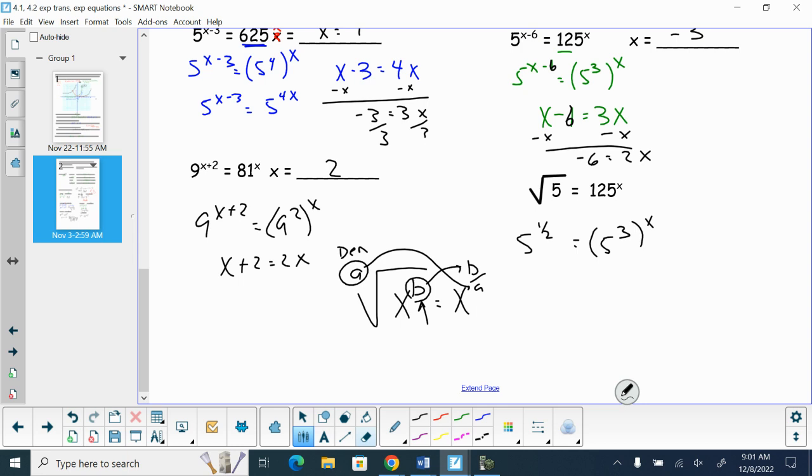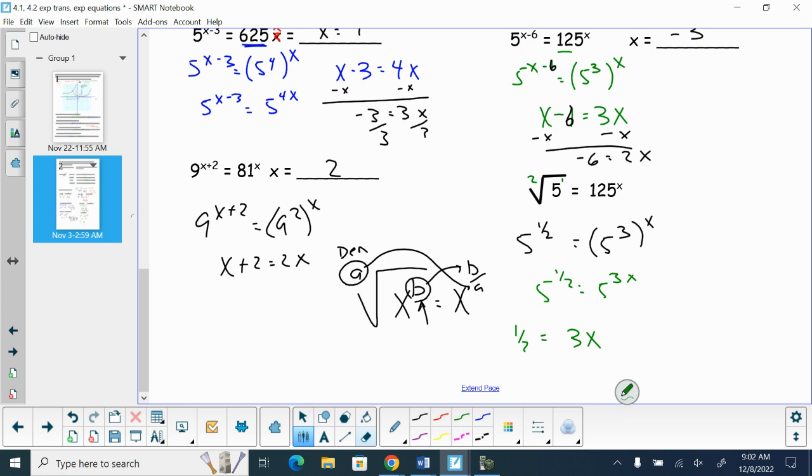Well, if I take a look, I have an exponent 1 here, and if I'm taking the square root, it is understood to be a 2 there. So I have 5 to the 1/2 is equal to 5 to the 3x. If bases are equal, the exponents must be equal.